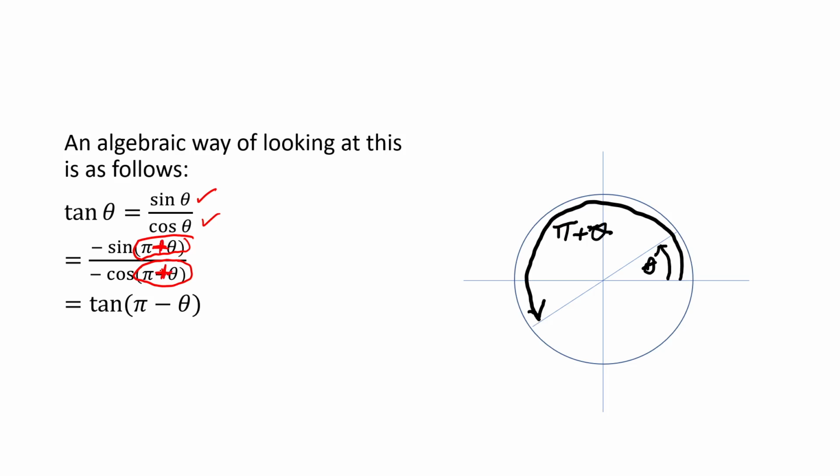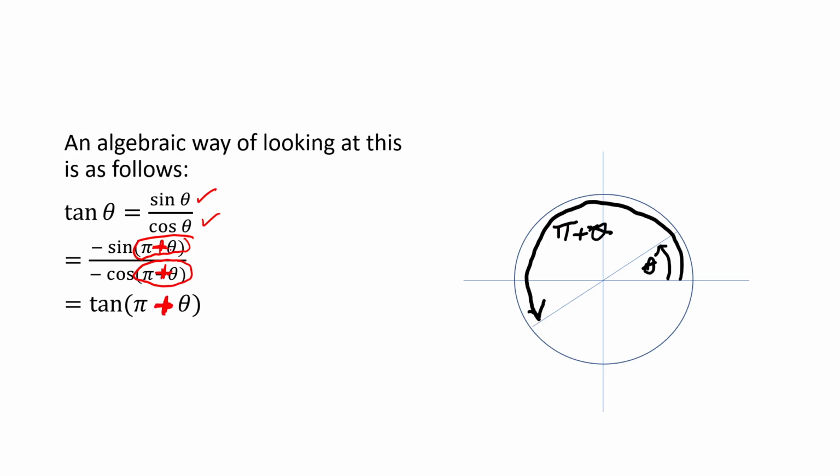And so what we see is that we've got the same angle in the numerator of that second line, pi plus theta, and the same angle in the denominator, pi plus theta, but we've got negative sine of that angle over negative cos of that angle, so a negative over a negative is positive, so we've got sine of an angle over cos of that same angle, and so what we have is tan of that angle.